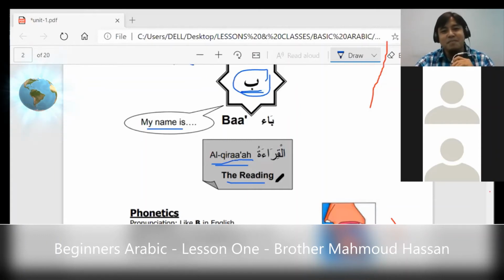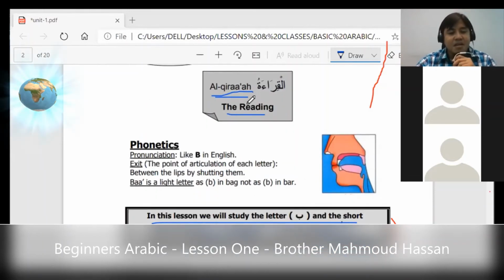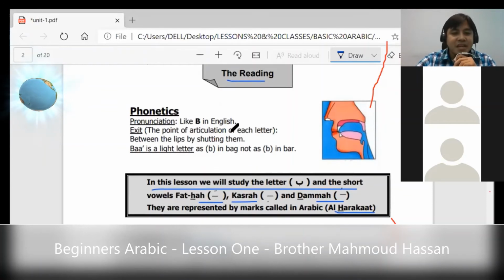So let's proceed. Now, proceeding to the class, your first vocabulary is al-qira'a, meaning reading, and how to read the letter ba. Ba here is like b in English. Always observe the exit point of articulation of each letter for you to pronounce each of the words in Arabic correctly.